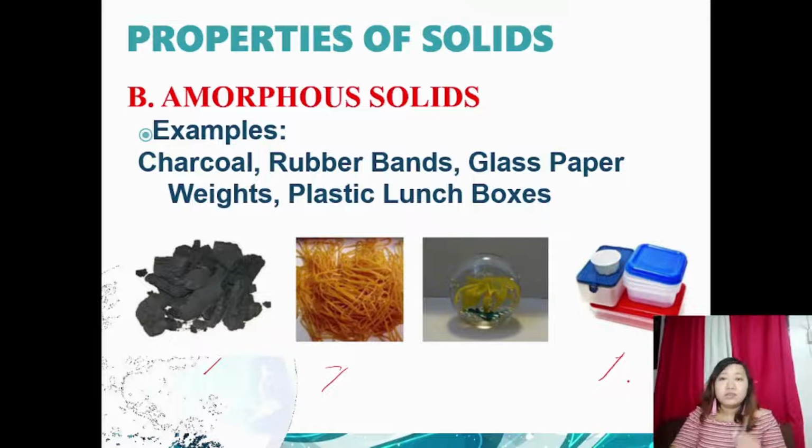So these are the properties of amorphous solids compared to crystalline solids, which are very hard, and you can use them for cutting materials and tools, because they have a sharp edge and very rigid and compact sides.